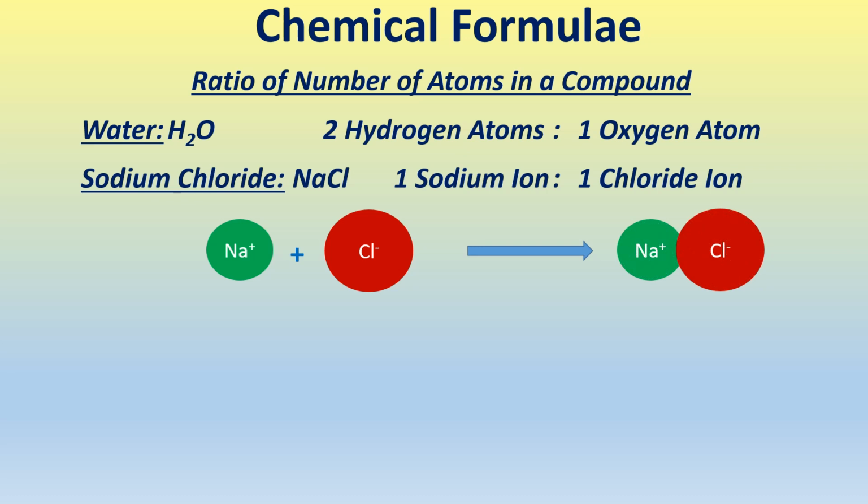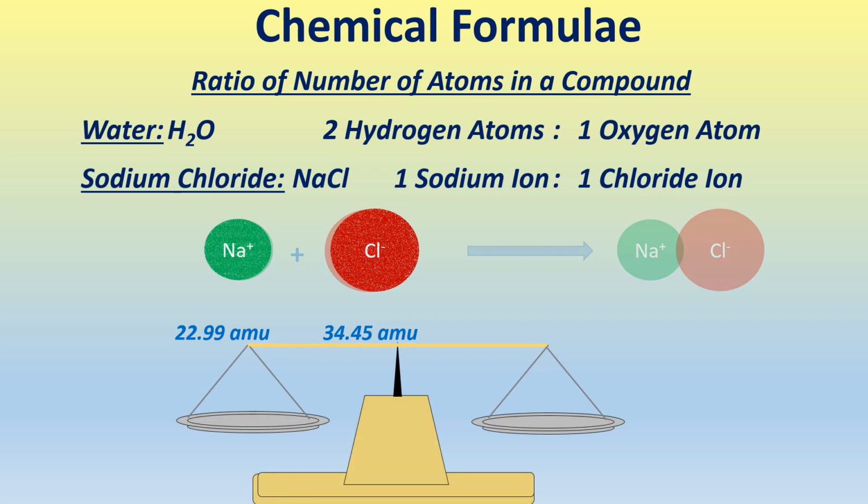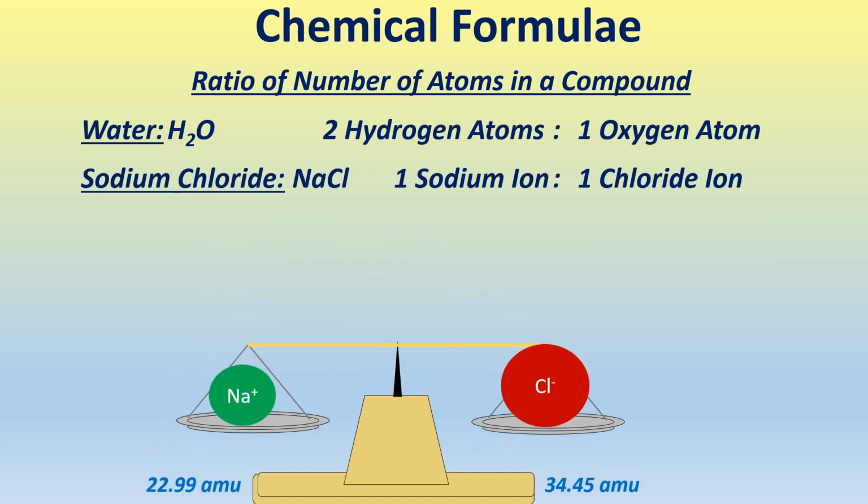However, exactly how one does this is actually more complicated, because looking at the periodic table, one sees sodium weighs roughly 23 AMU and chlorine weighs 35.45. These 2 atoms do not weigh the same.